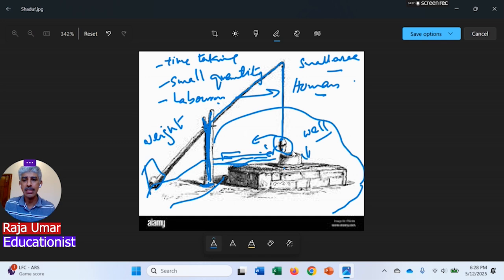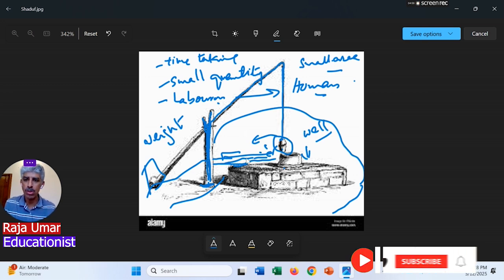So in those areas this sort of irrigation method can be a good one, and in areas where there is a deficiency of water and the water is quite less in quantity, this sort of irrigation method can be used.